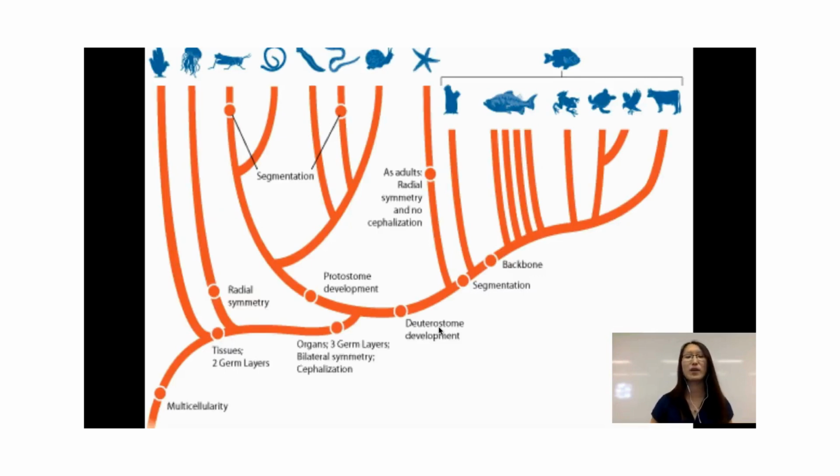So when you look at this picture right here, this is a pretty brief cladogram of animals. What you see right here are all invertebrates, and then right here we have the vertebrates. And there's a difference between a clade and not a clade. A clade means you have a common ancestor and all the descendants.